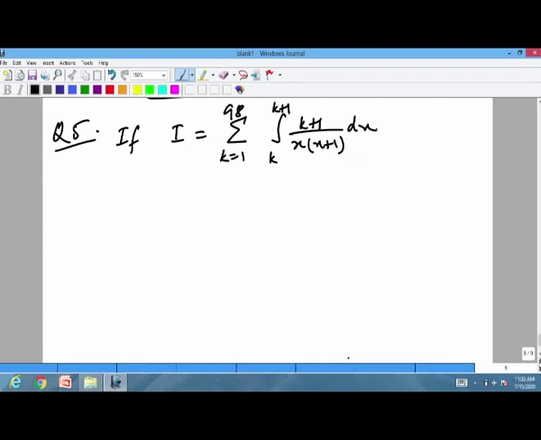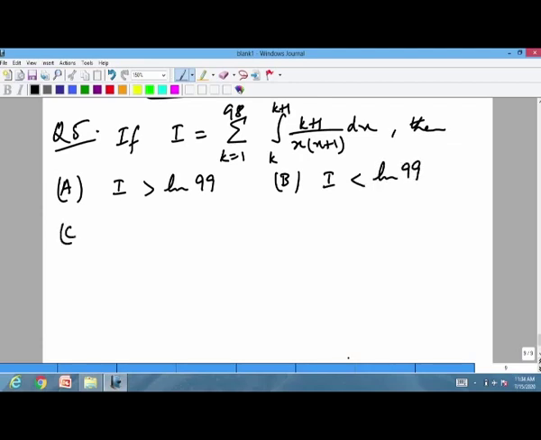Then we have to choose correct options from the following 4 options. A is I is greater than natural log of 99, B is I is less than log 99, C is I is less than 49 by 50, and D is I is greater than 49 by 50.